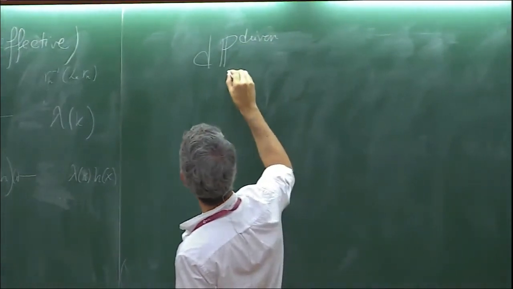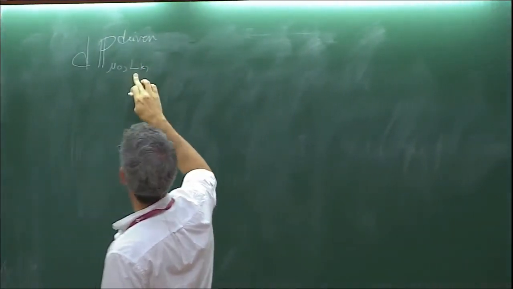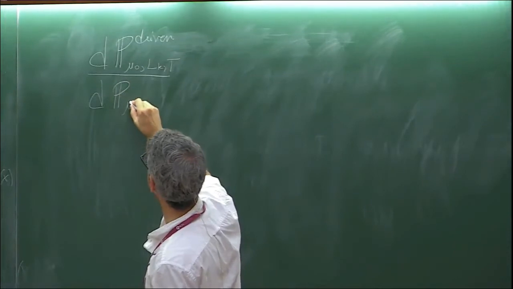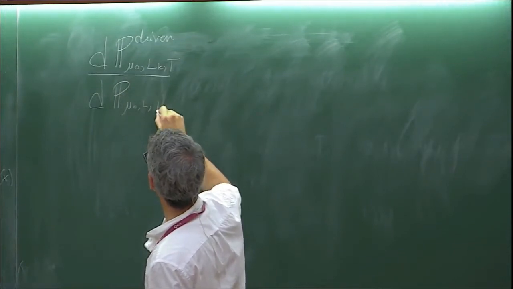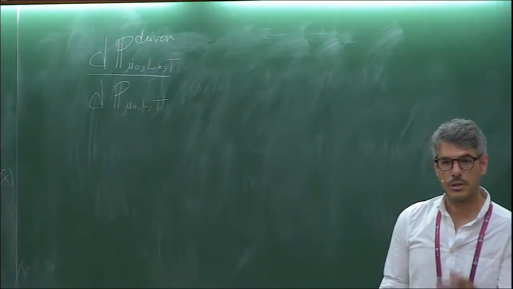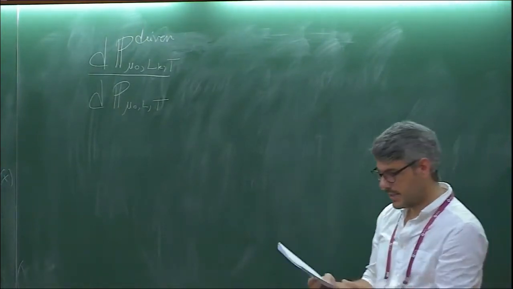Okay, so if I start with an initial distribution, this is the process of generator Lk for time t, I can calculate the Radon-Nikodym derivative between that process and the original process. And this is what answers the question of Nico, this is what I need, and this is explicit.